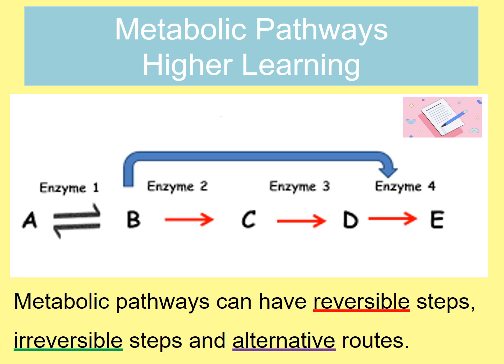Metabolic pathways are regulated by enzymes that catalyse specific reactions. A pathway often contains both reversible and irreversible steps, which allow the process to be kept under precise control. If we look at the example on the screen, we have highlighted in red a reversible step.